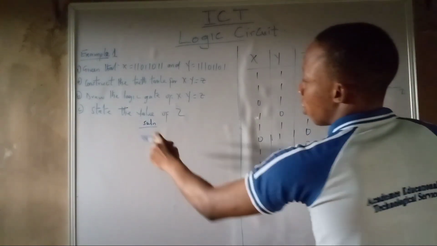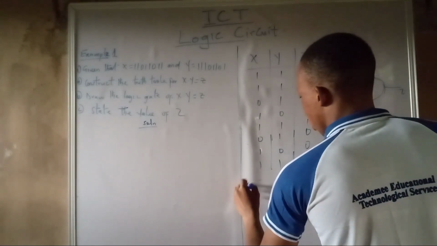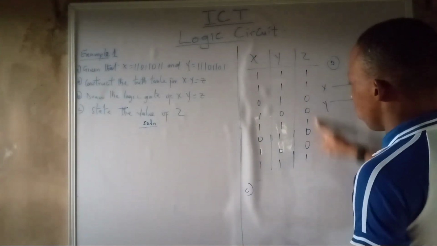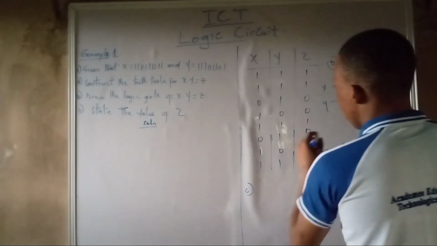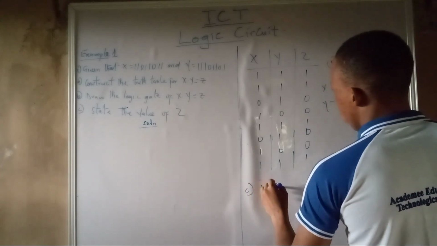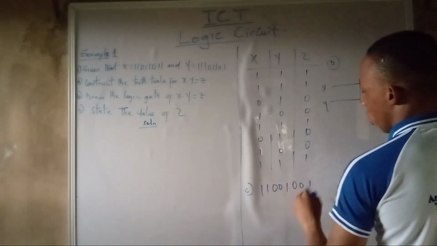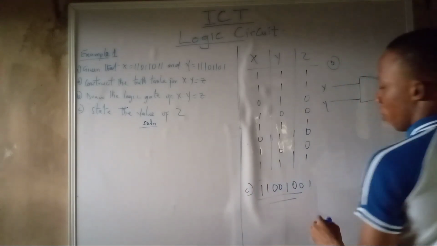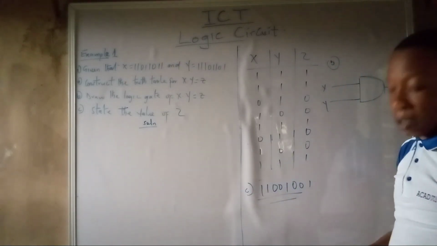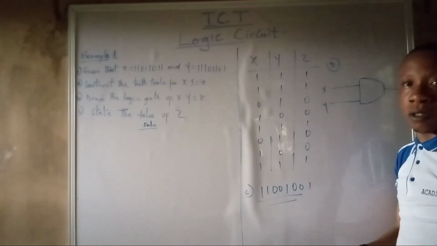Question number 3 says state the value of Z. You have solved the answer already, so just write it: 1 1 0 0 1 0 0 1. This is the value for Z. I hope you understand. Thank you.